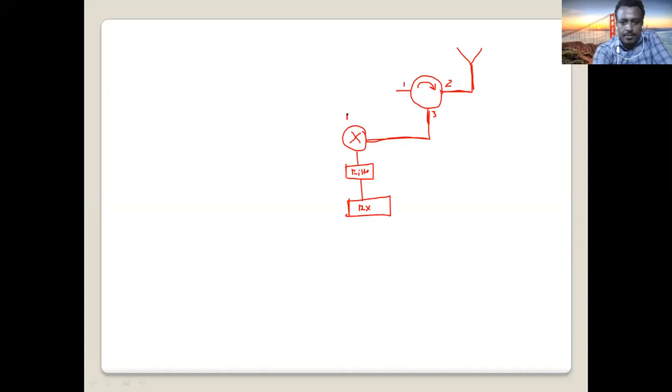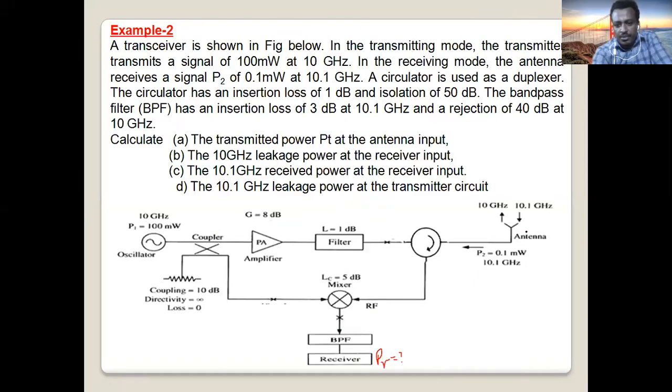This is the down converter mixer. We'll discuss next time what a mixer circuit is, the mixer components. So this is what the receiver side looks like. You start from the antenna, the signal comes to the circulator, goes to port 3 through a mixer and filter to the receiver side. How much power reaches the receiver?